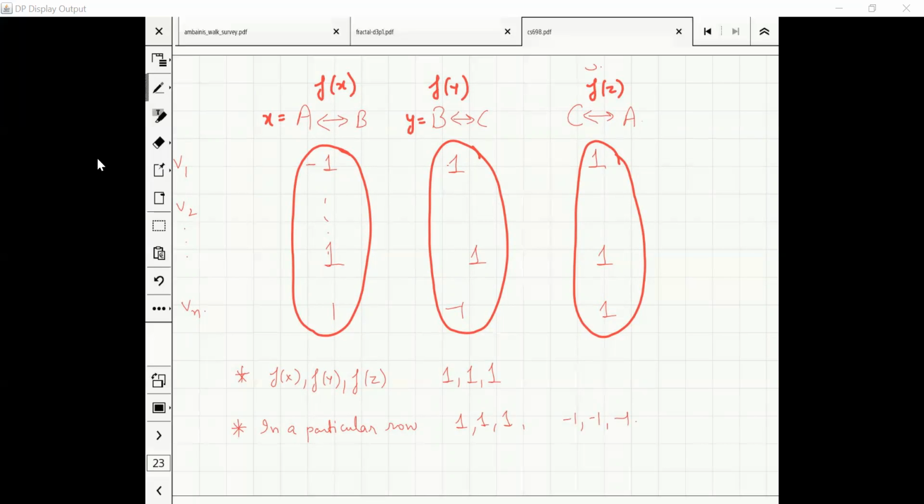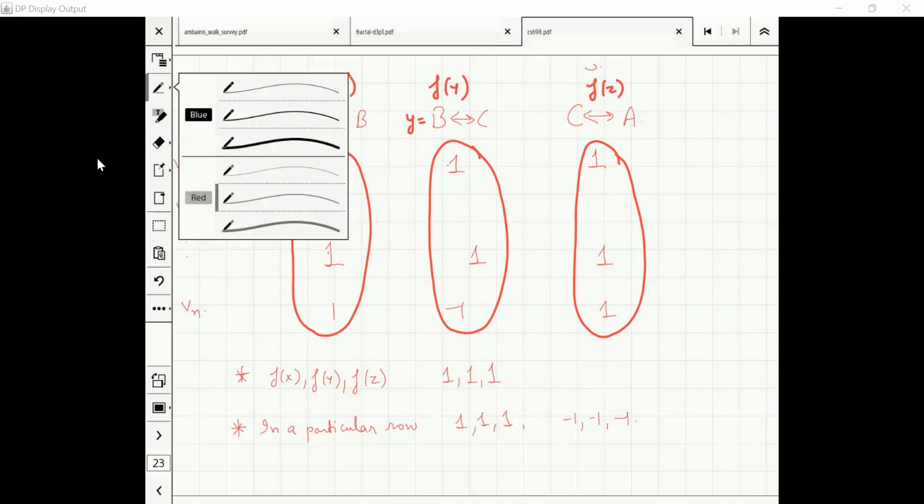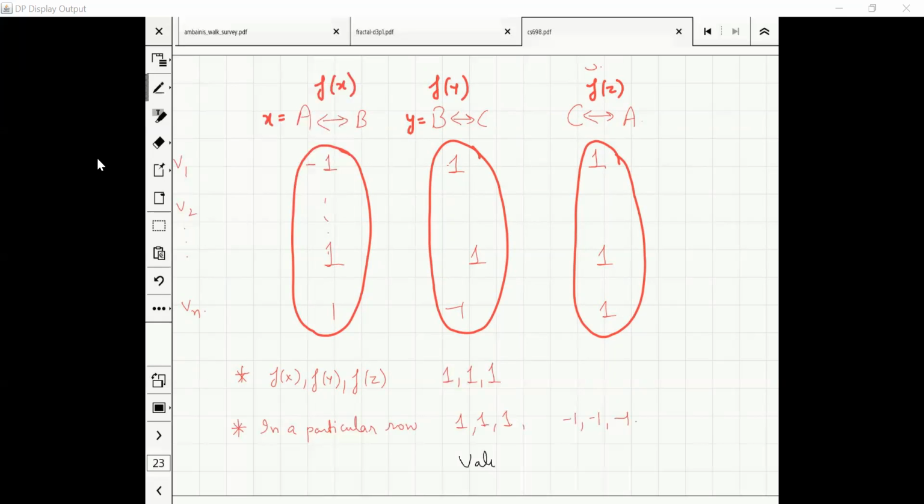Even without this, it could happen that f of x, f of y, and f of z are all ones. Yes, that is true. But what I'm saying is that 1 1 1 or -1 -1 -1 is not a valid configuration for voting. It is not a valid ranking.